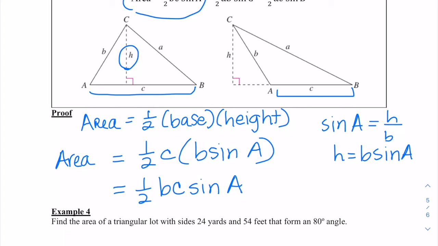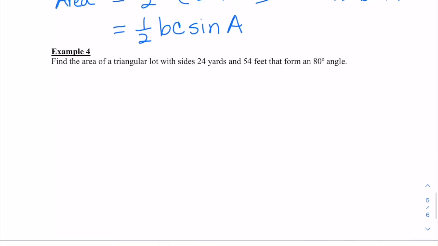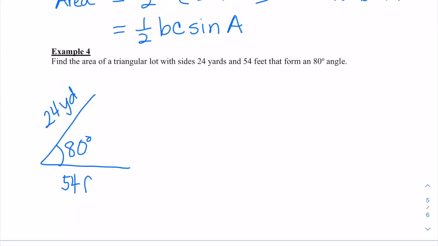So if we're going to find the area of a triangular lot here with an angle in between, this is going to be 80. Well, we know that this side was 24 and this side was 54 feet. So you can notice right away that they're not in the same units. So I'm going to put them both in yards. So that would just be 18 yards.